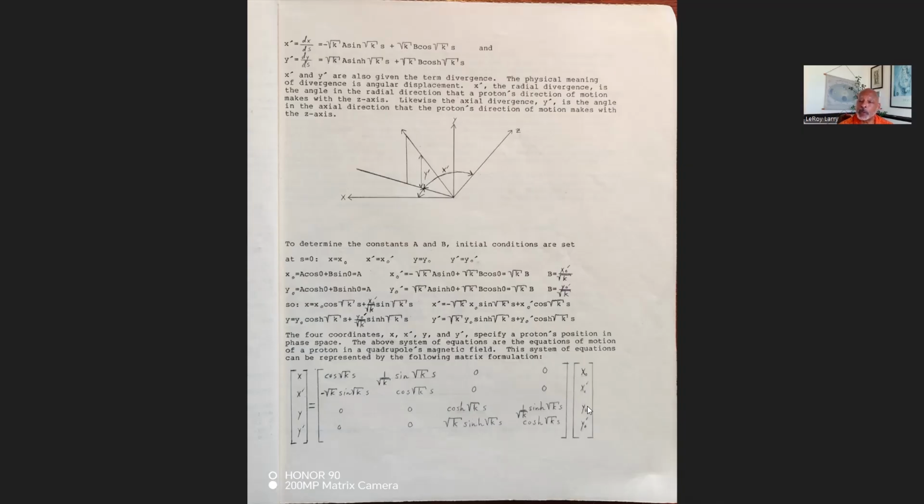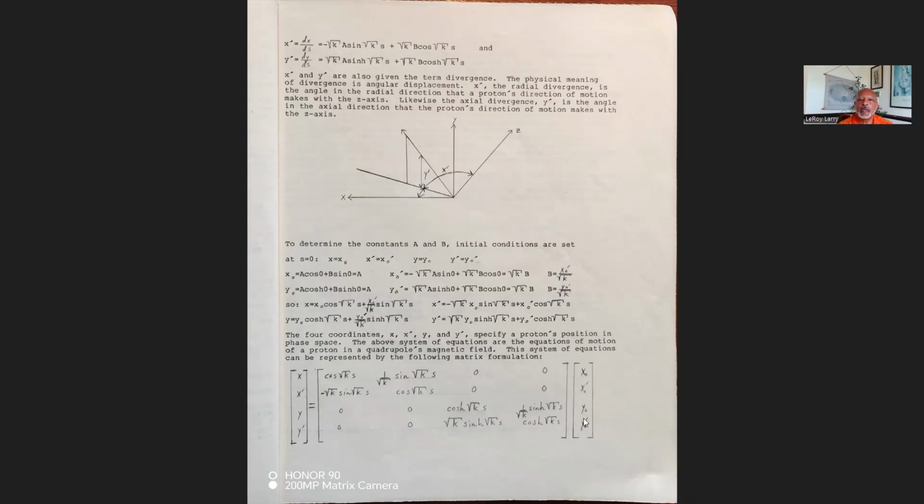Y is the vertical displacement of that proton with respect to the z-axis, okay? The trajectory. X prime, that's how fast or how much that horizontal position of the proton with respect to the z-axis is changing with respect to how far that proton has gone down the z-axis, okay?